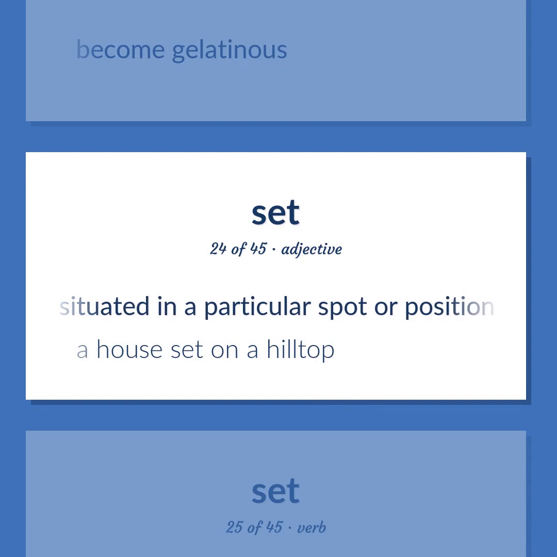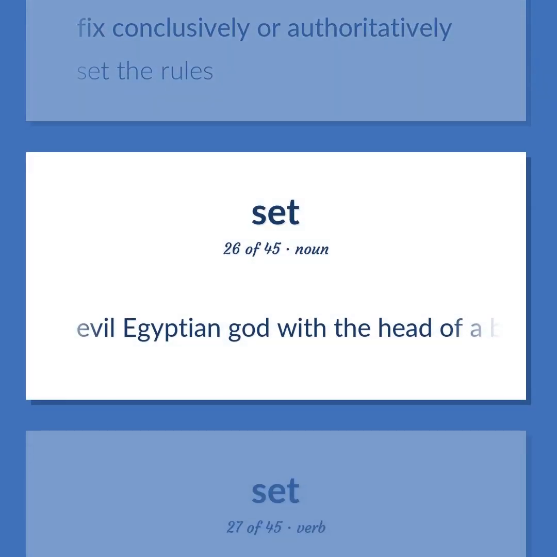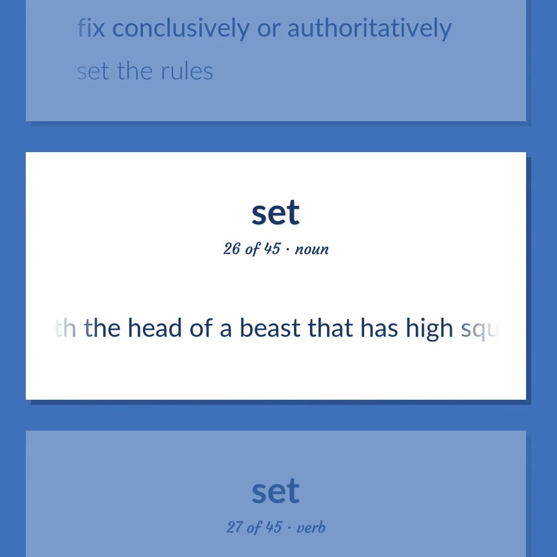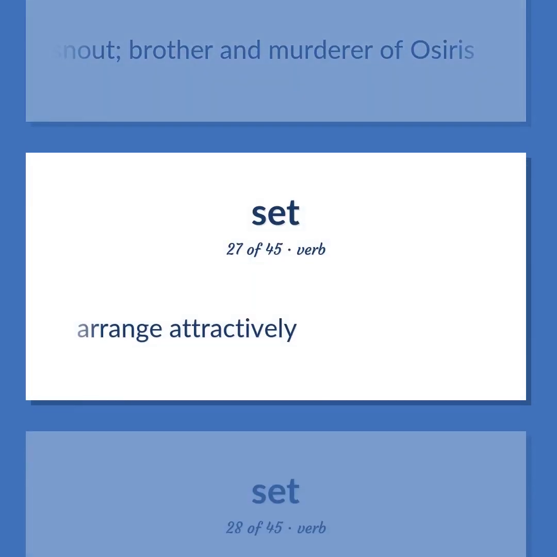Situated in a particular spot or position. A house set on a hilltop. Fix conclusively or authoritatively. Set the rules. Evil Egyptian god with the head of a beast that has high square ears and a long snout, brother and murderer of Osiris. Arrange attractively.